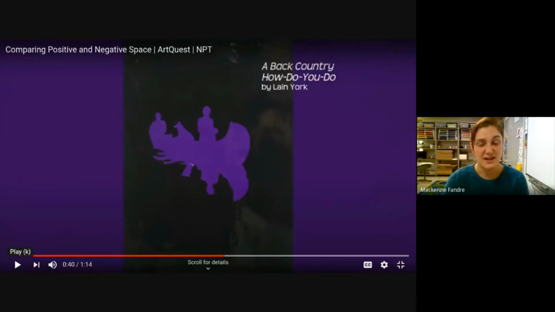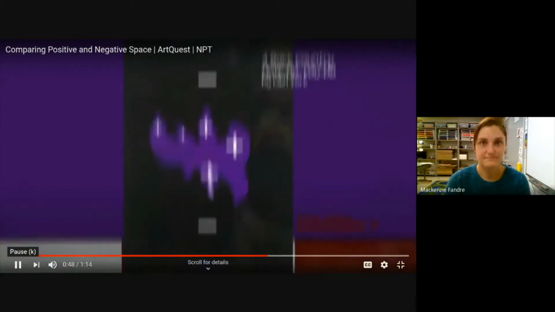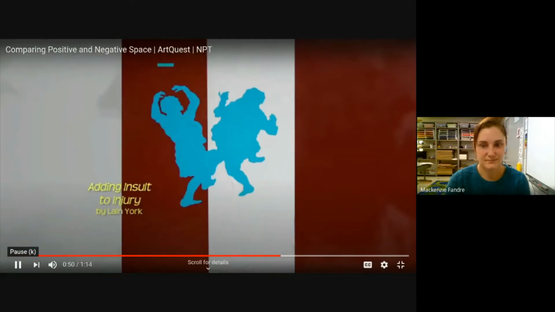It's a little tricky because if you look closely, it's actually a canoe, people in the canoe with a dog, and below it is the reflection in the water. The positive space is the two people with the dog in the canoe along with their reflection, and everything in black is the negative space. And then adding insult to injury, here's all the negative space, and the dancing couple make up the positive space.